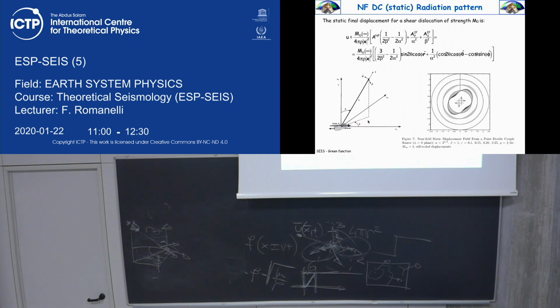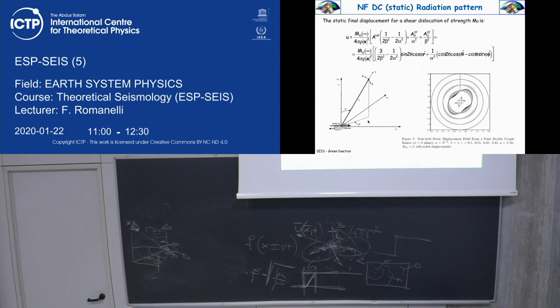It will contain P waves, right? Because P waves are longitudinal. So we are pushing in this direction. While shear waves will be perpendicular. So they will act into these two directions. Which ones? Colatitude and longitude. So this is the reference system that we are going to use.